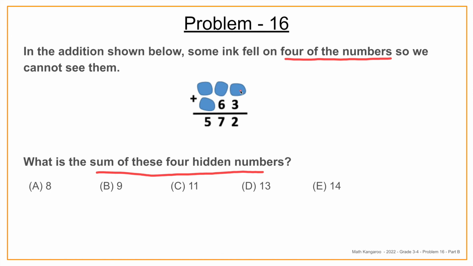Let's start by looking at the ones place. We have 3 there. And we have to add up to some number to make it 2. Now we need to figure out what we can add to 3 to get 2 in the ones place.